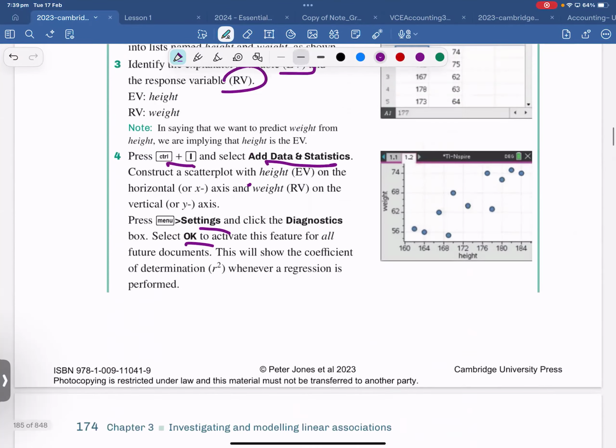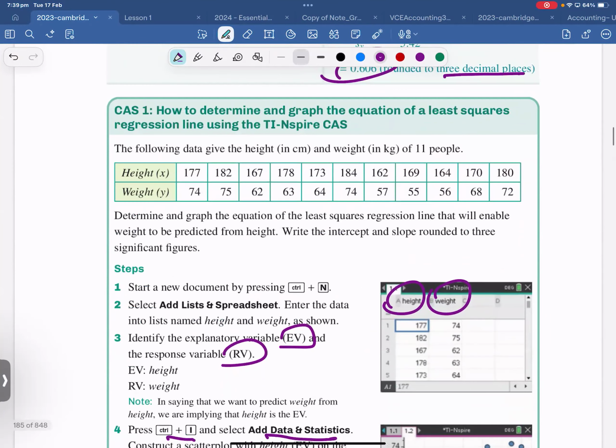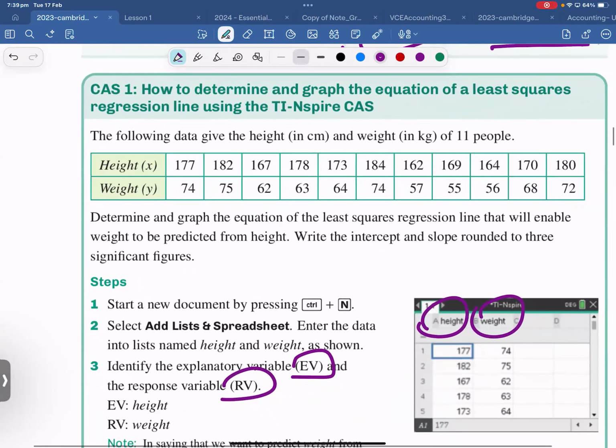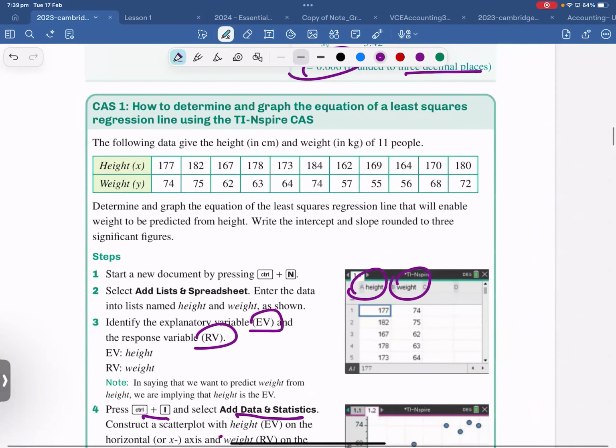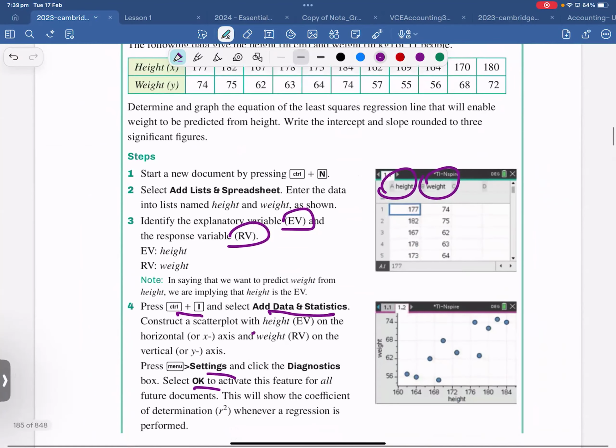If anybody has a problem entering the data into your TI-Nspire, the information is on page 173.